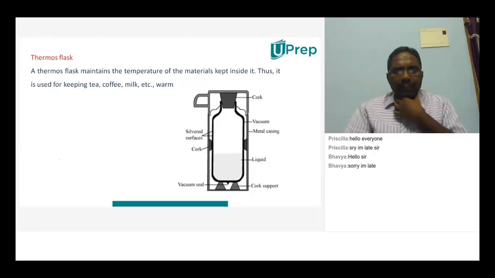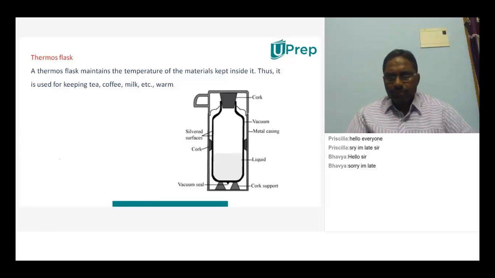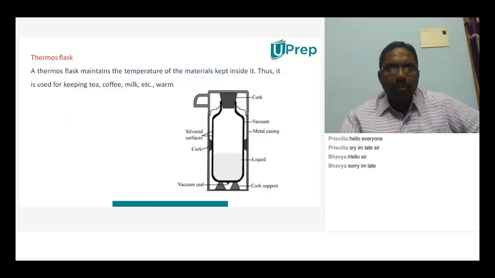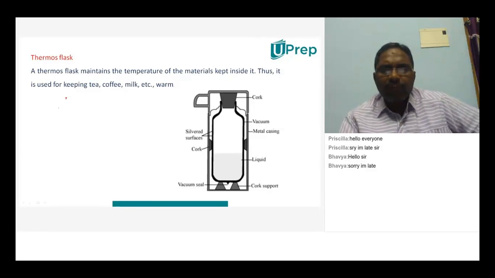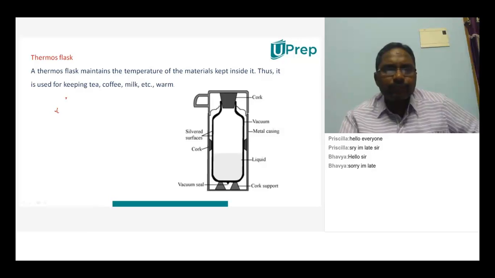Now see here, a thermoflask generally maintains the temperature of the materials kept inside it. Thus, it is used for keeping tea, coffee, milk warm, anything warm or hot for a longer period of time. Now tell me, what must be there to keep a temperature constant?